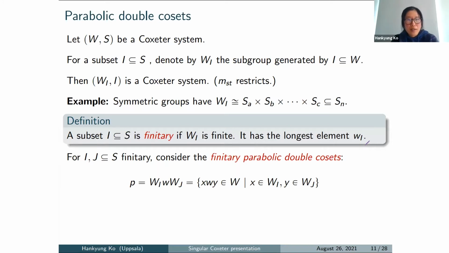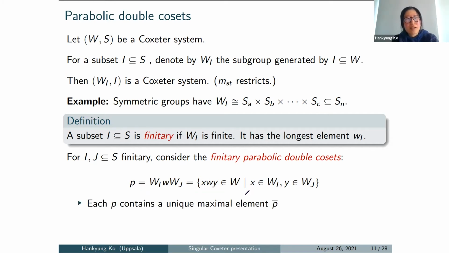And now I can talk about the cosets. So let's take two finitary subsets of S, I and J, and we will consider P, which is some double coset with respect to the parabolic subgroup generated by I and the parabolic subgroup generated by J. So this is the usual definition and notation, and I will use the letter P to denote this.